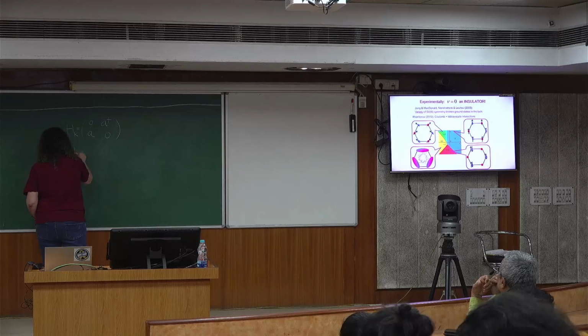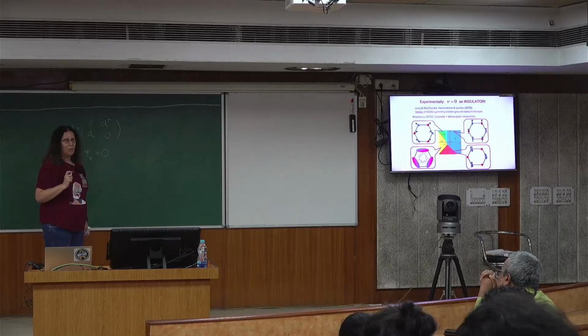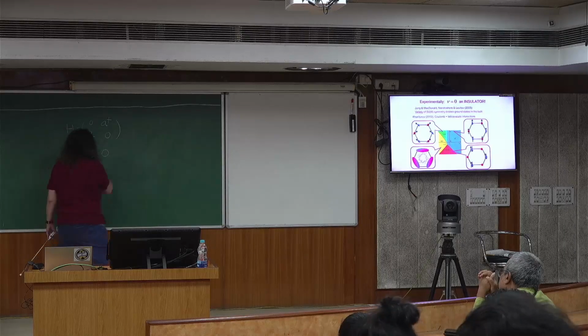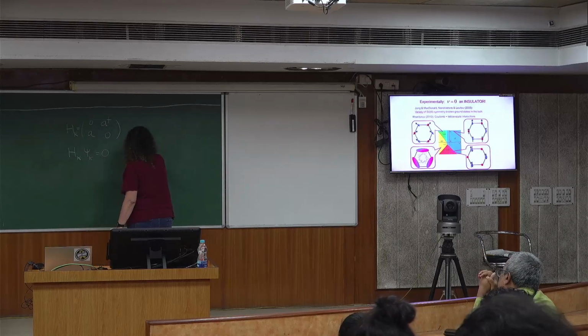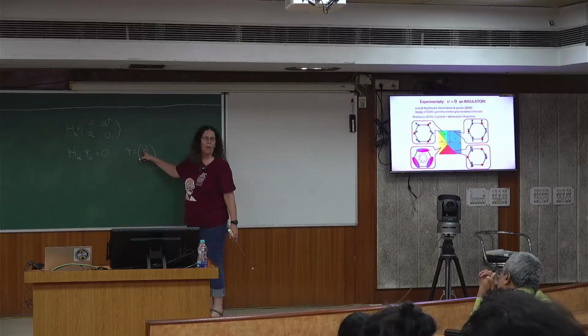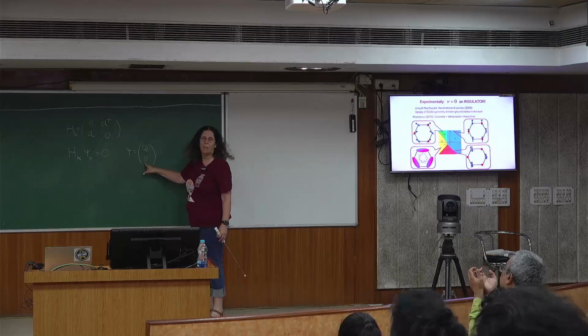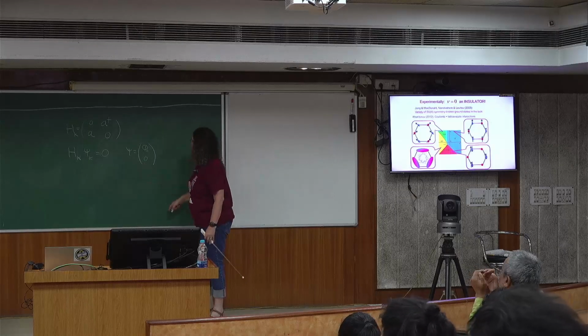Now if you're looking for a spinor that will solve the Schrödinger equation with zero energy, it turns out that for this Hamiltonian it's going to be phi naught, the harmonic oscillator first state, and zero.